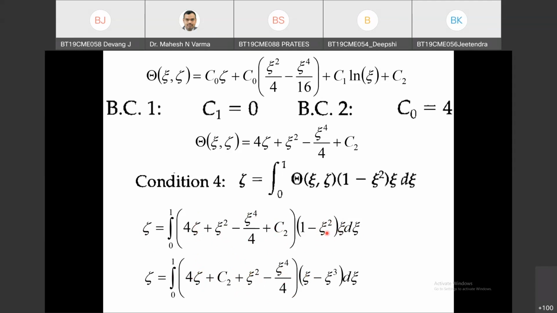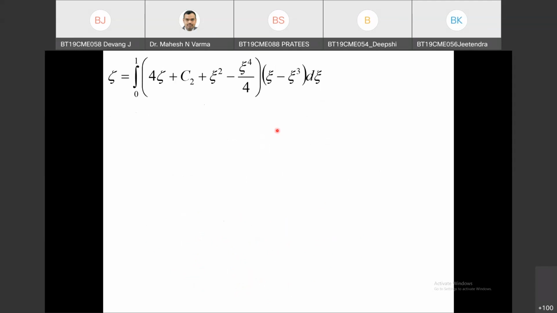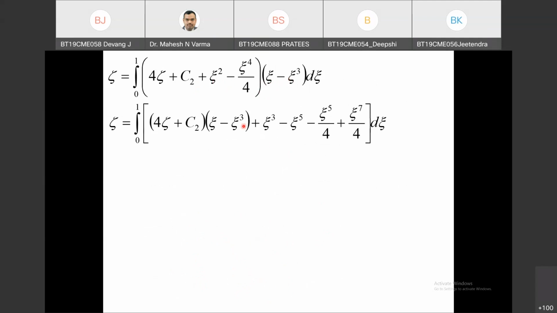This epsilon is multiplied, and then you can multiply this bracket and this bracket. First of all, multiply this bracket by this bracket. This is what you will get. Multiply this bracket by this bracket. This is what you will get.